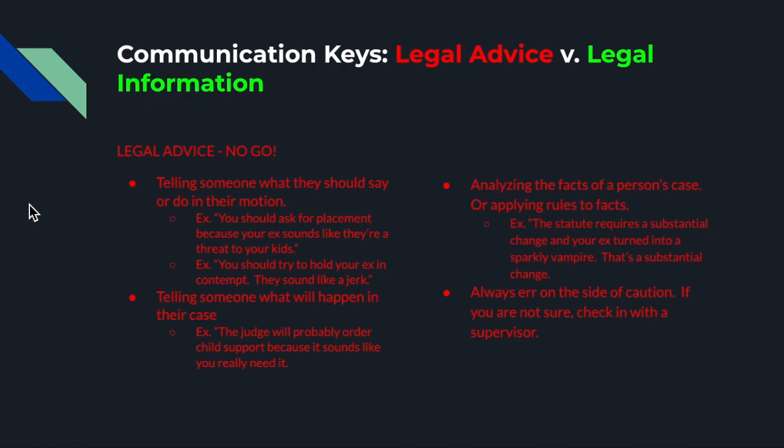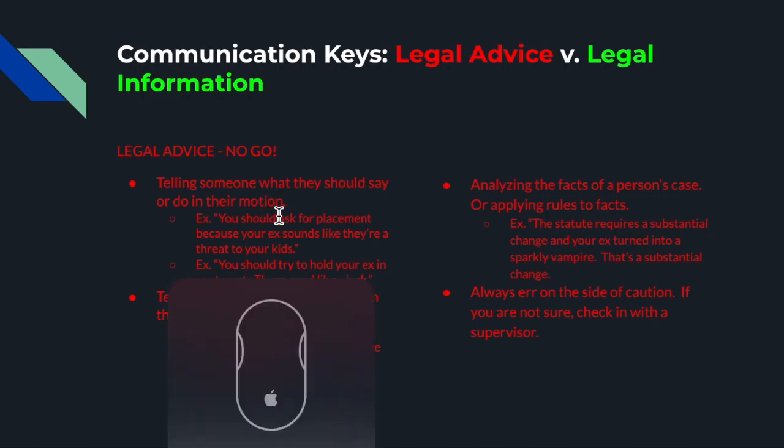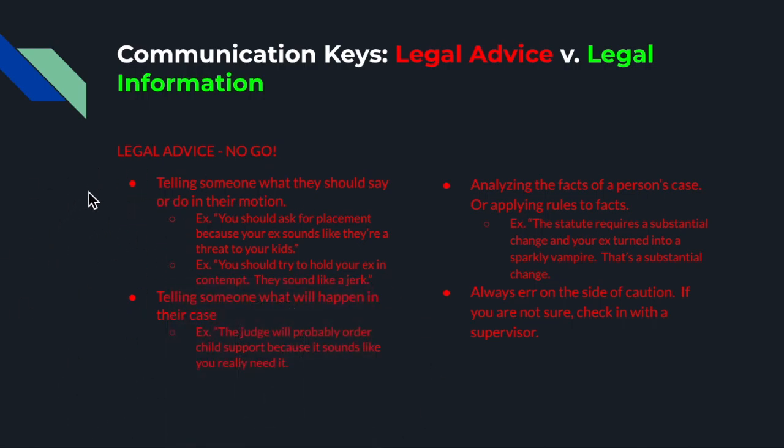Again, it might not be relevant to the person I was talking to, but it was true. Legal information, this analysis where I say, hey, you should do this motion, I'm sorry, it keeps bringing up the info about my mouse. You should do this motion because your ex is a jerk, because whatever our reasoning for it, that is putting you into the legal advice line.